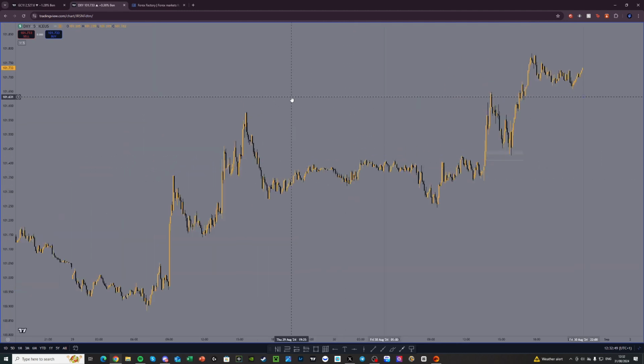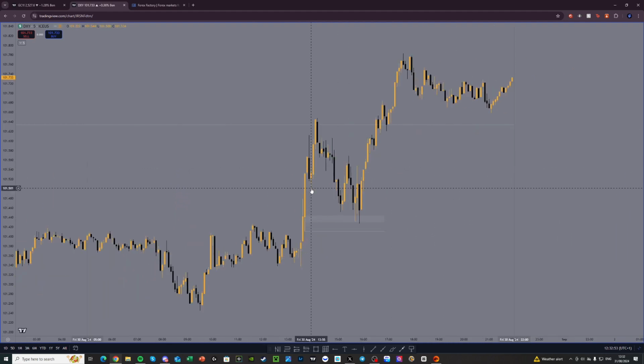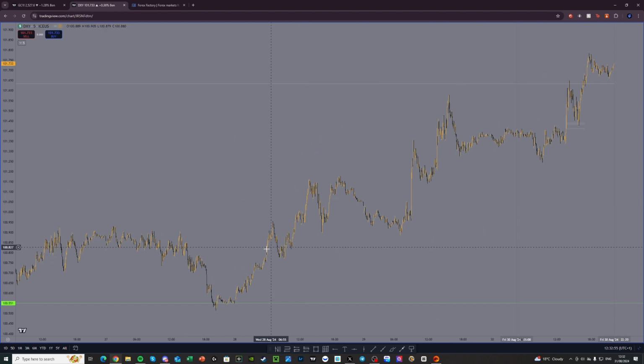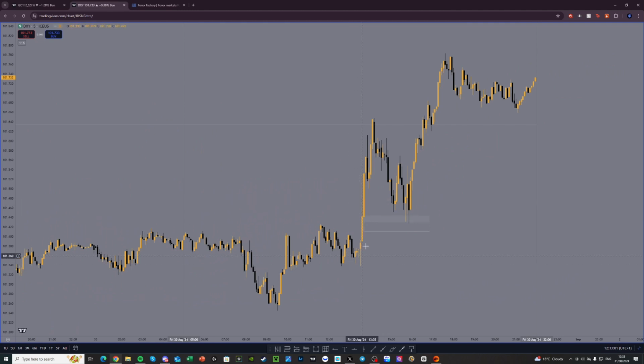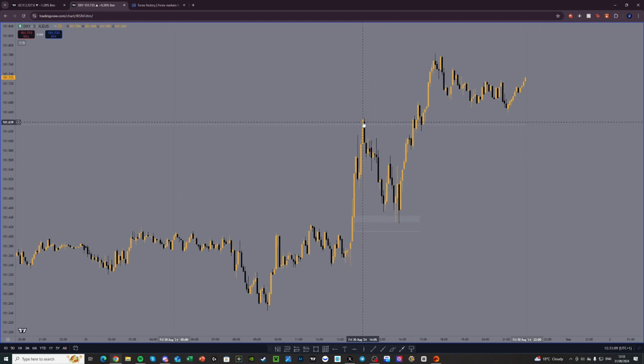People that had entered long here will most likely have their stop losses below here, or anyone that was long for any of this bullishness will be looking to move their stops up to the most recent swing low. So there'll be a lot of stops below here. So we take the buy side, and then what do we do? We immediately come down and we take this low.